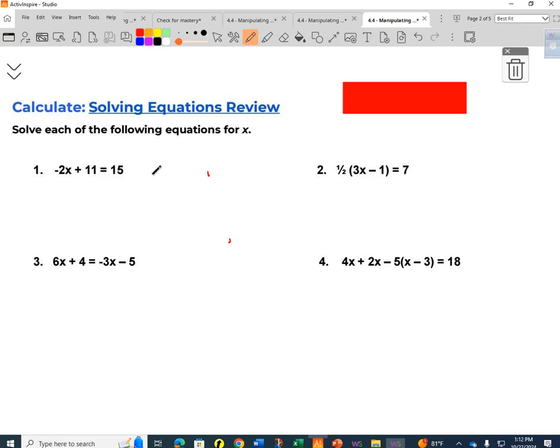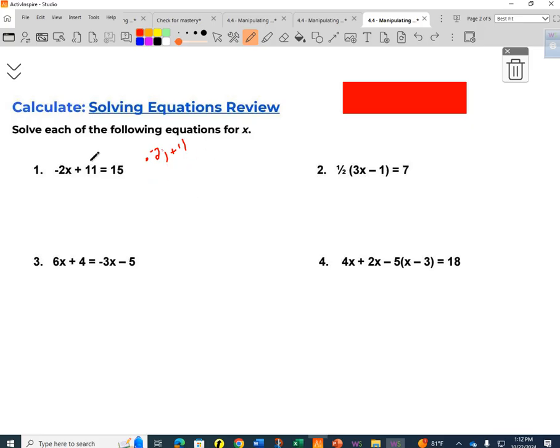So in this case, we're multiplying the variable by negative 2, and we're adding 11 to the variable. It's important to know what's happening to the variable, because that's how you know what to undo to get the variable by itself. So now we know we need to undo multiplying by negative 2, and we need to undo adding 11.